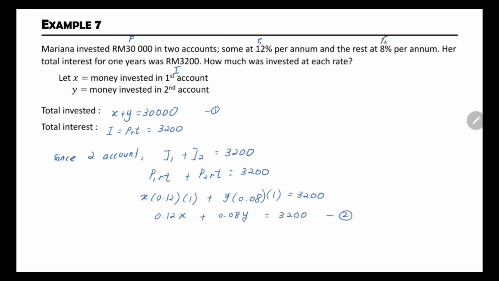This is the second equation. And then simultaneous, substitute y equal to 30,000 minus x into 2. So 0.12x plus 0.08(30,000 minus x) equal to 3,200.